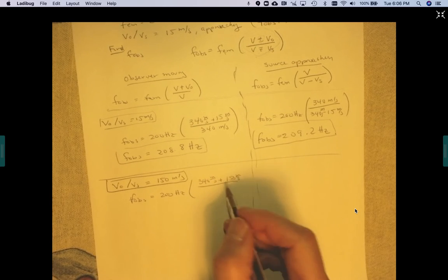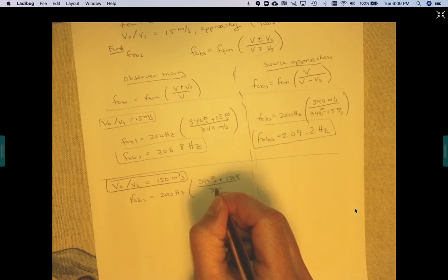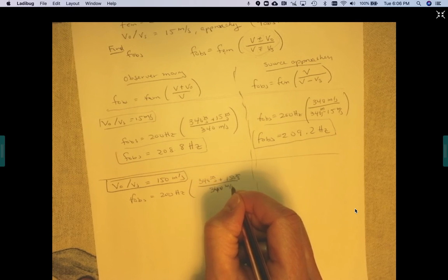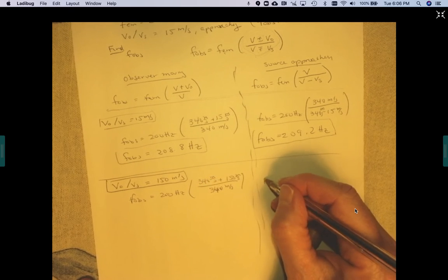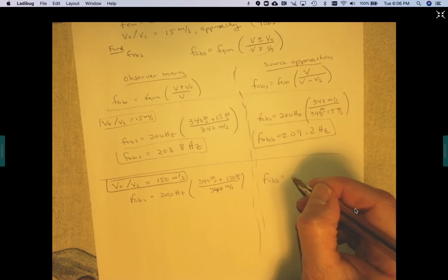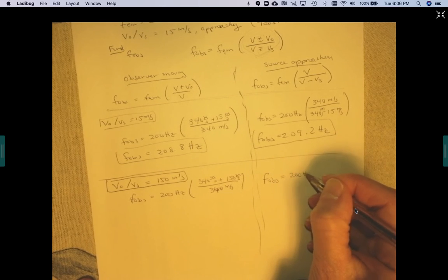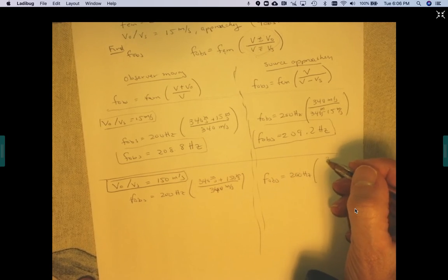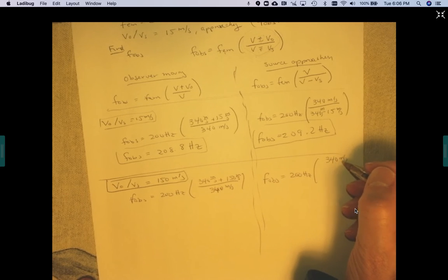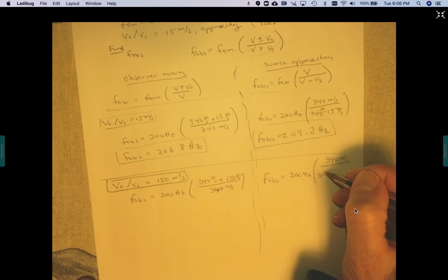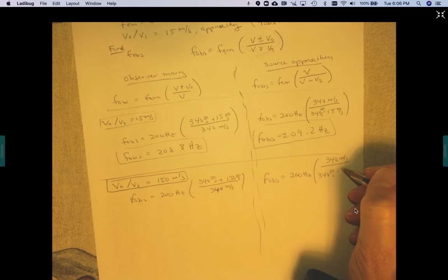We're getting comparable now to the speed of sound, so we should expect quite a big shift. And then over on this side, the observed frequency is 200 hertz times 340 meters per second over 340 meters per second minus 150 meters per second.